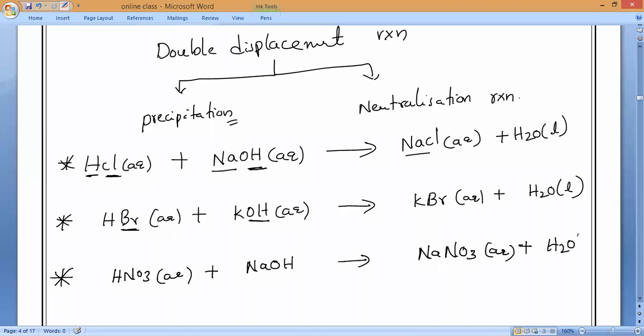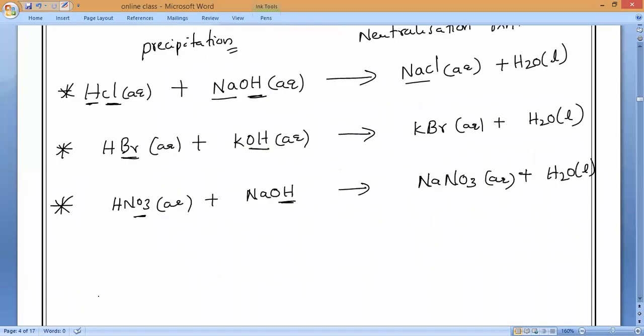Plus we are going to get water. Clear? So ions only exchanging. What ions exchanging? OH and NO3. That's all. Clear? Any doubt, anybody? This is nitric acid, HNO3.